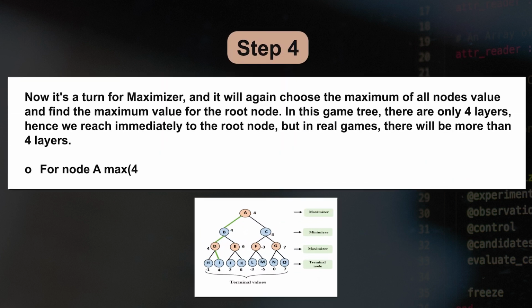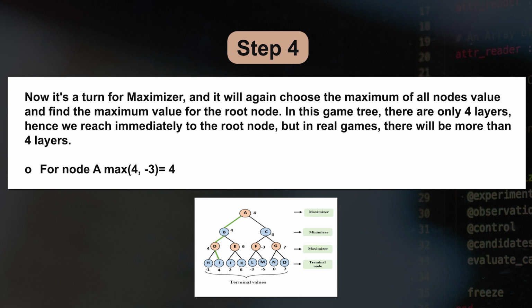Step 4. Now it's the turn for maximizer and it will again choose the maximum value of the nodes' values and find the maximum value for the root node. In this game tree, there are only 4 layers. Hence, we reach the root node immediately.